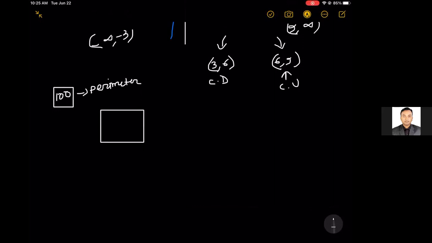Now for understanding that, you need to understand what a perimeter is. Can anyone tell me the definition of perimeter? How do you define a perimeter for a rectangle? How do you define a perimeter in the first place?